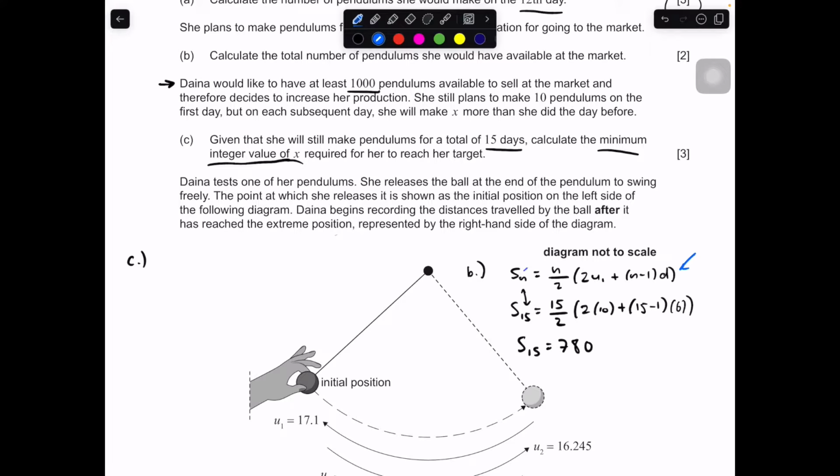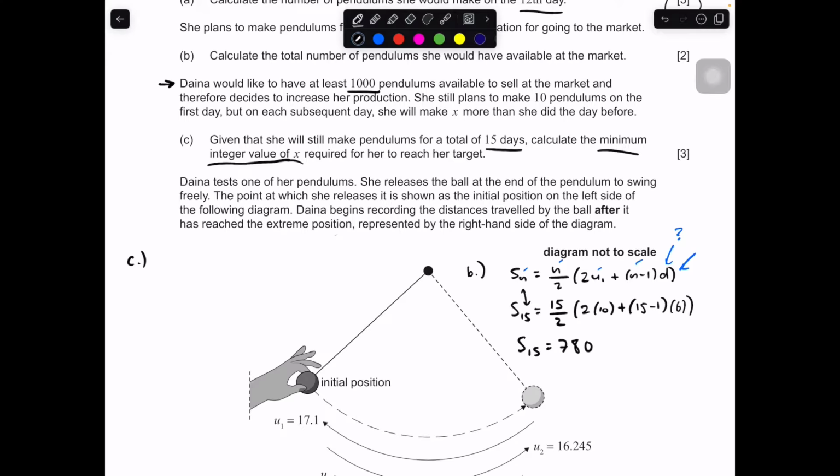We know n, it's 15. We know the first term. We know the number of days, but this is what we're trying to solve for. We don't know the common difference, how many more she should make each day. She currently makes 6 more. How many more should she make? 7, 8, 9, 10? This is the question. She wants to reach 1,000.